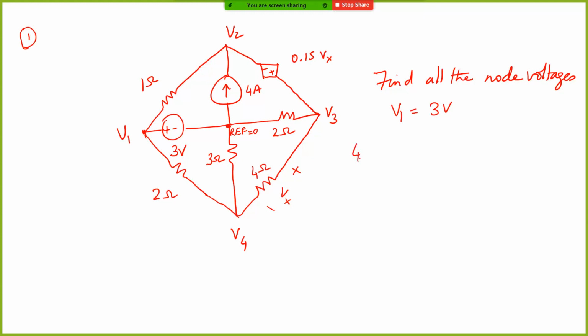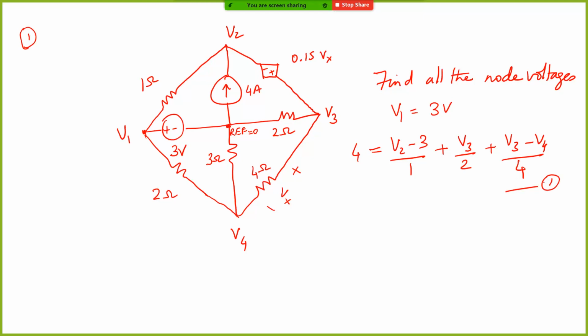So 4 ampere is incoming here, which is equal to (V2 minus 3) divided by 1 plus V3 by 2 plus (V3 minus V4) by 4. Okay, that's all. So this will be one equation.